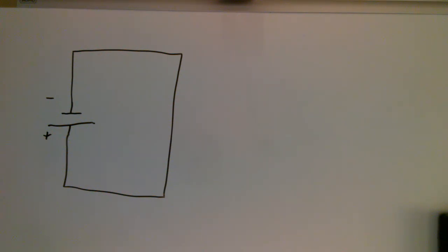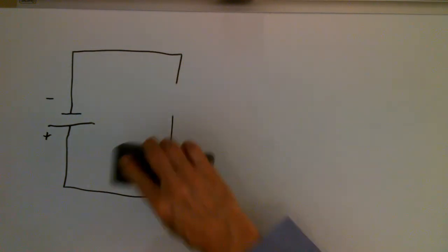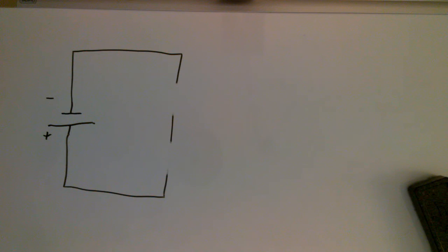So we want to put a resistor or some resistance in the path of current flow so that we can lower the number of amperes that we have flowing. But since we're talking about Kirchhoff's law, I'm going to put two resistors in the circuit.